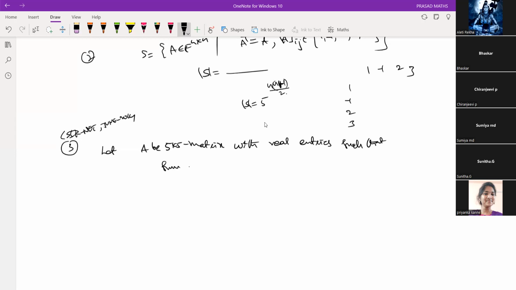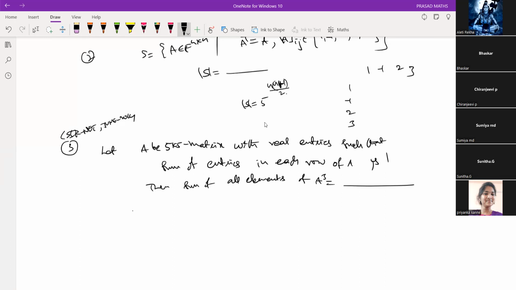the sum of entries in each row of A is 1. Then the sum of all elements of A cube is: answer A 3, answer B 15, answer C 5, answer D 125.